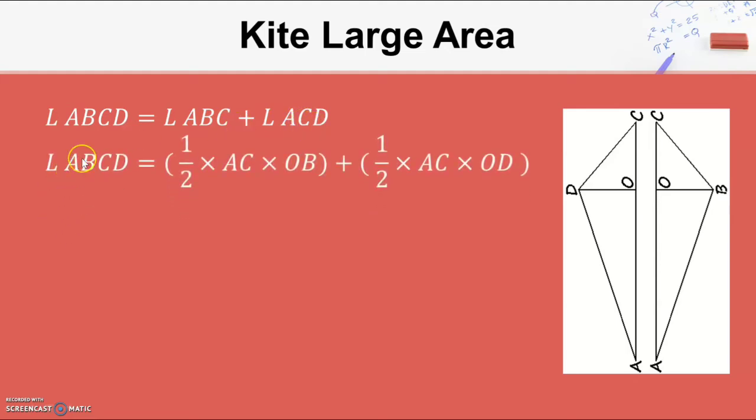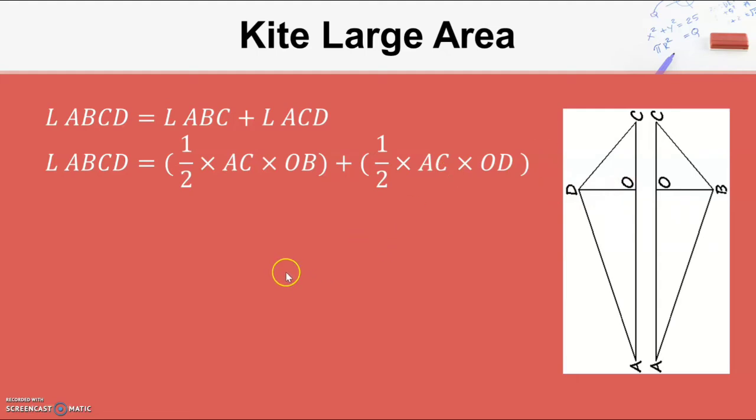The area of ABCD equals 1 divided by 2 times AC, the base of triangle ABC, times OB, the height of triangle ABC, plus 1 divided by 2 times AC, the base of triangle ACD, times OD, the height of triangle ACD.